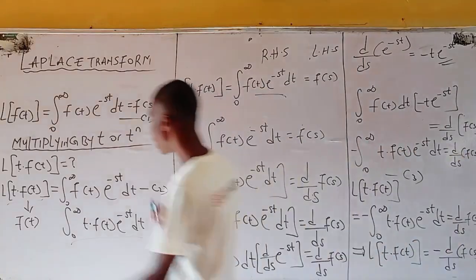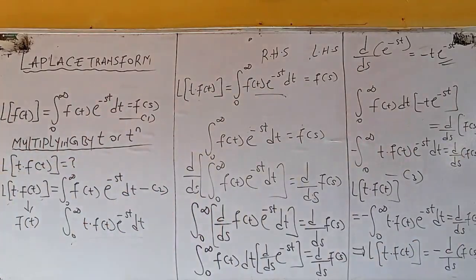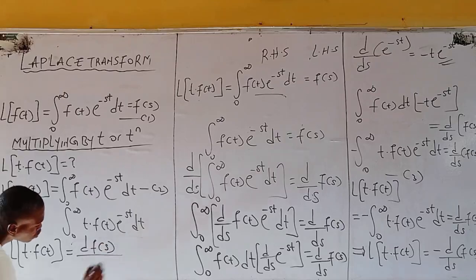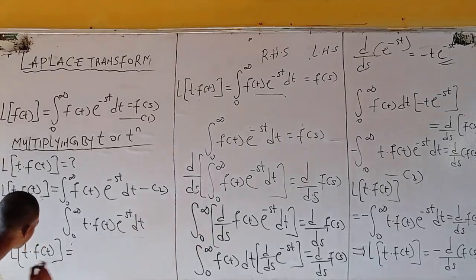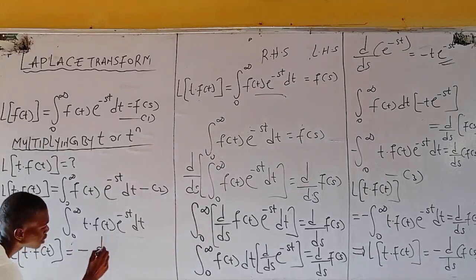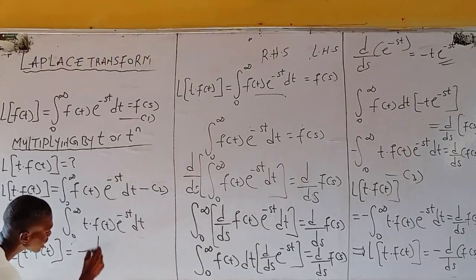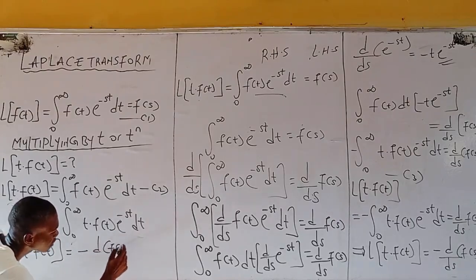Don't forget, you have a negative sign. So it is equal to negative d of f of x with respect to x.